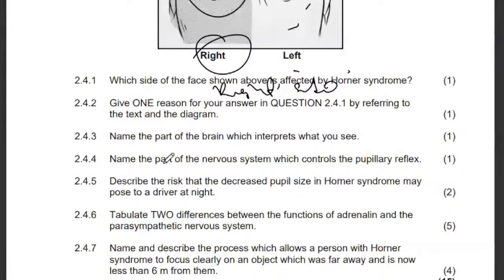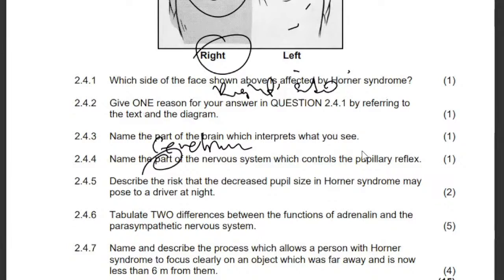They said one reason. Name the part of the brain that interprets what you see. That is the sensation. Remember, that is vision, which is a sensation, and sensation is controlled by the cerebrum. Yes. Name the part of the nervous system which controls the pupillary reflex. So in this case, what are you talking about? They're saying the part of the nervous system. They're not saying which part of the brain.